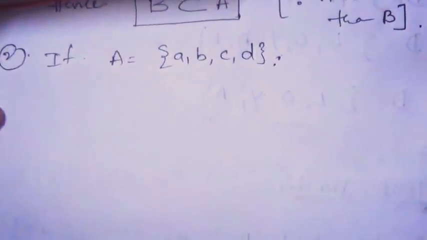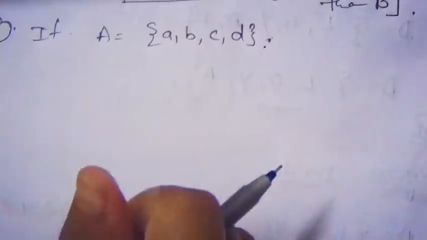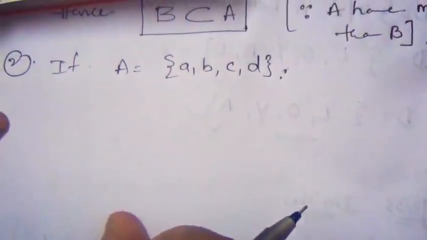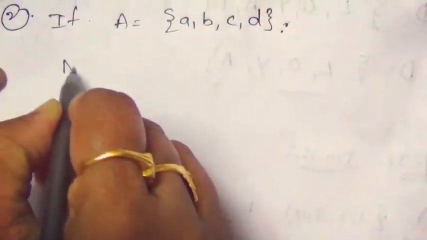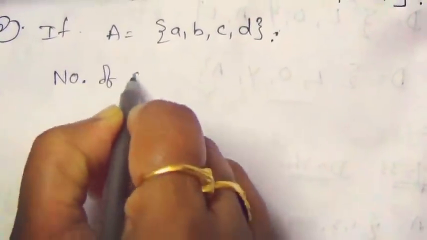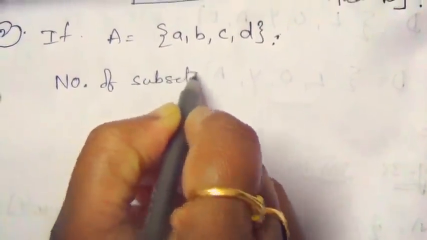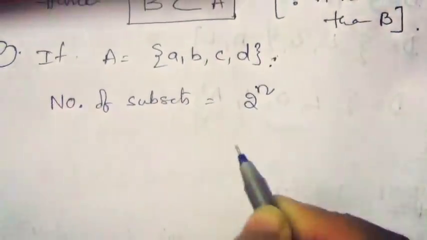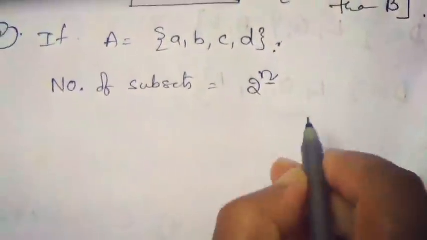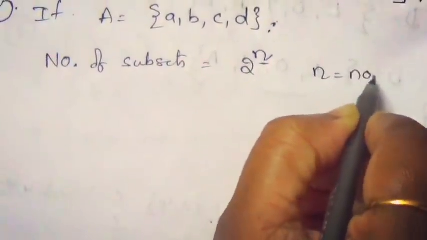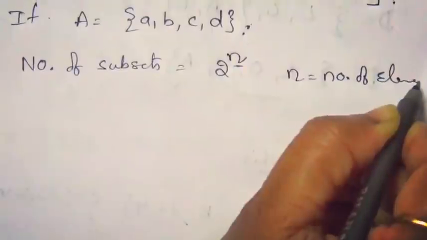In the introduction part of this set, I said the number of subsets is found using the formula 2 to the power of n. What is this n? Number of elements.